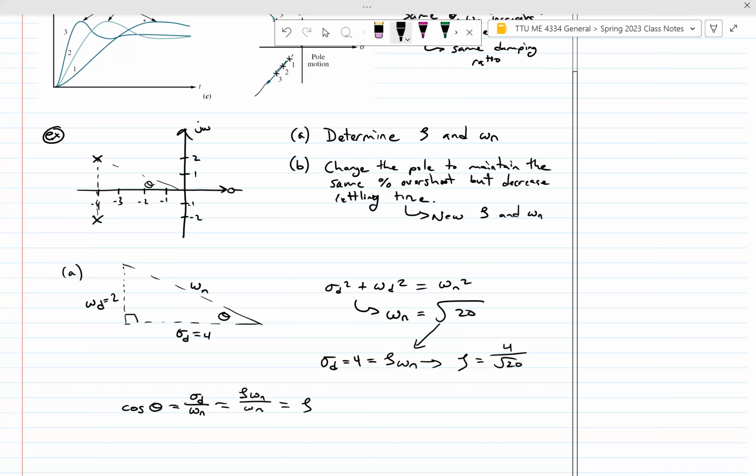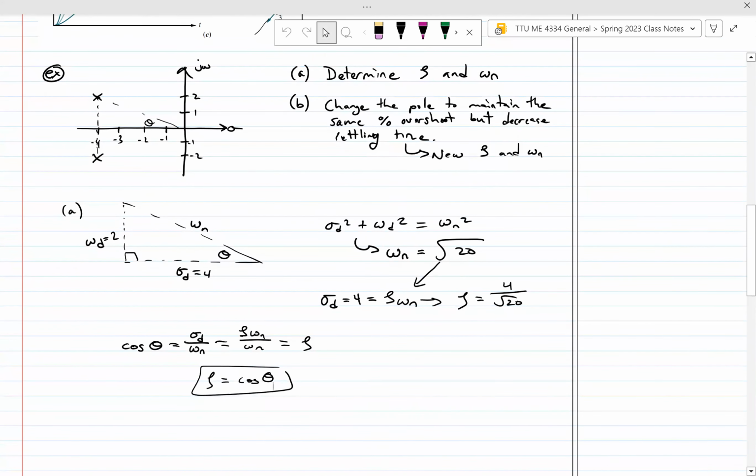If we can figure out what that theta is, probably using omega d and sigma d with the arctangent, we could also solve for zeta there. We can see zeta is equal to the cosine of theta. That's showing that the angle is associated with constant zeta values here. Okay?